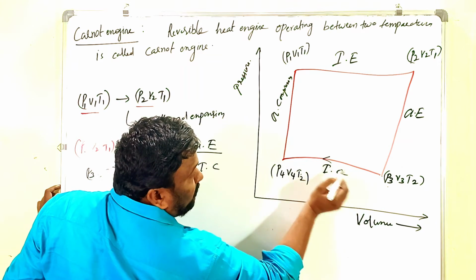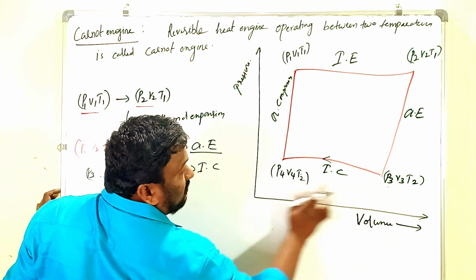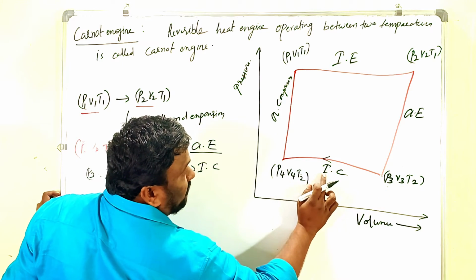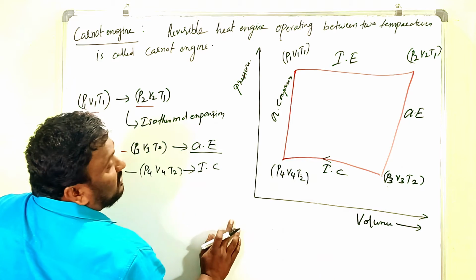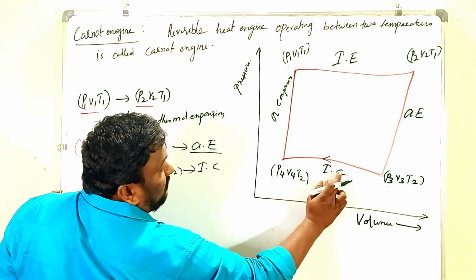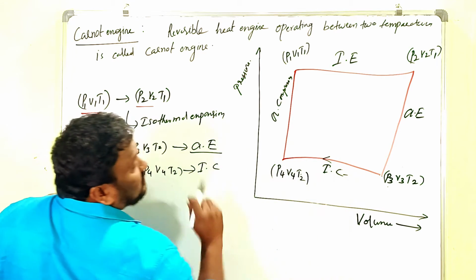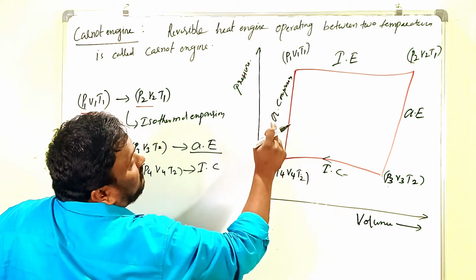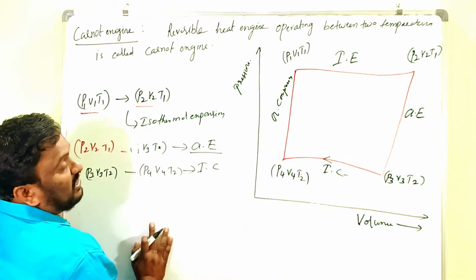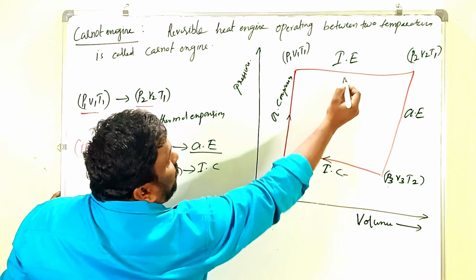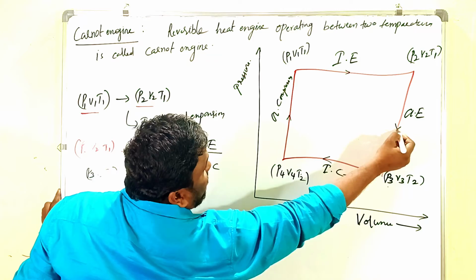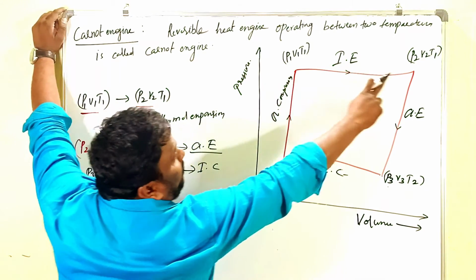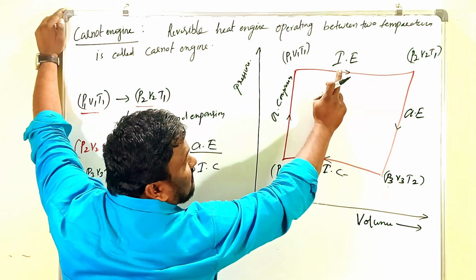P3 V3 T2 to P4 V4 T2 is isothermal compression. And similarly P4 V4 T2 to P1 V1 T1 is adiabatic compression. That's why you have to first understand this diagram, then only the derivation is possible. From P1 V1 T1 to P2 V2 T1 is isothermal expansion.